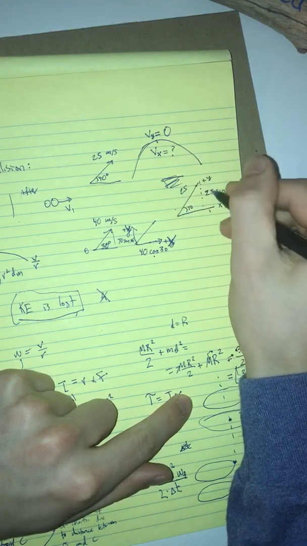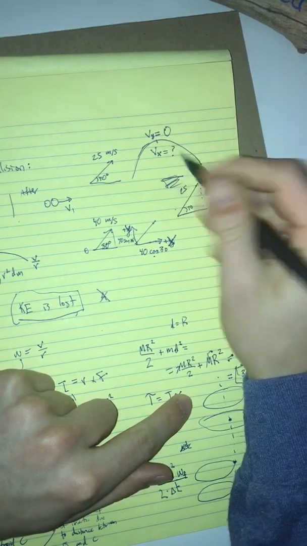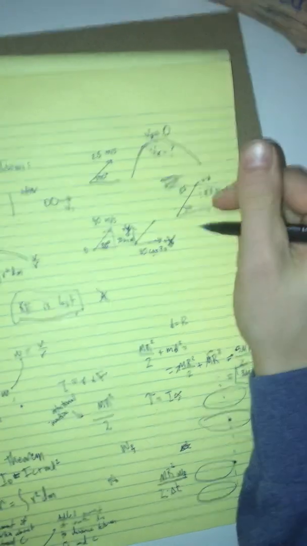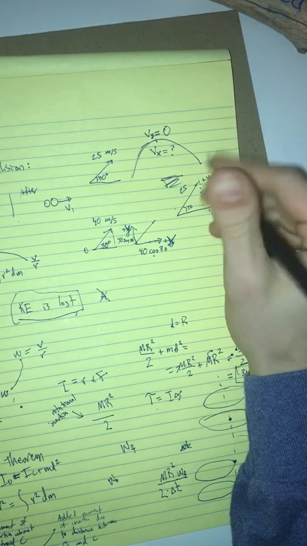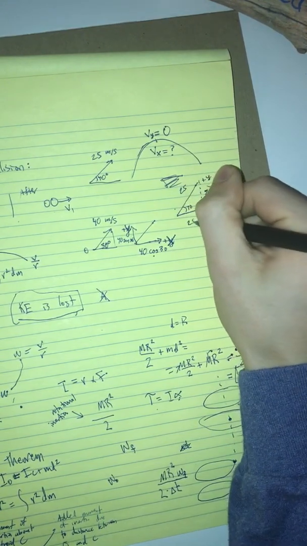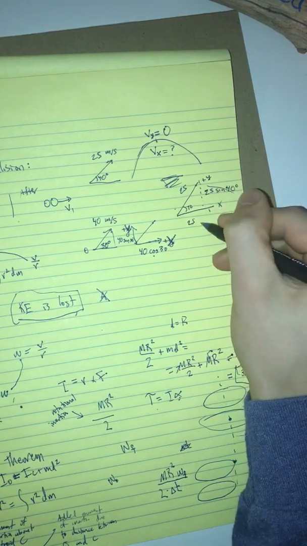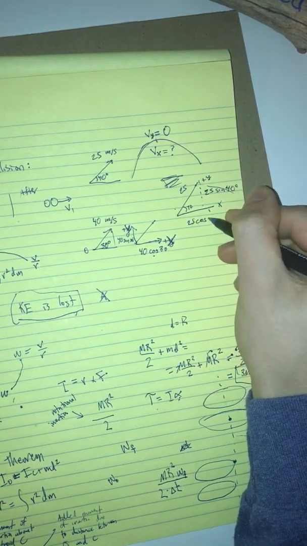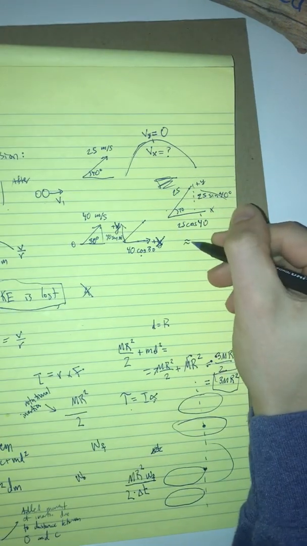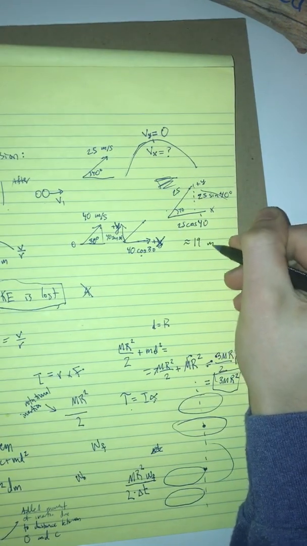But we don't need that, because the velocity at the top of the curve is 0 in the y direction, whereas in the x direction the velocity stays constant, and we see that when we break up the components, we get 25 cosine of 40, and when you put that in your calculator, you'll get approximately 19 meters per second.